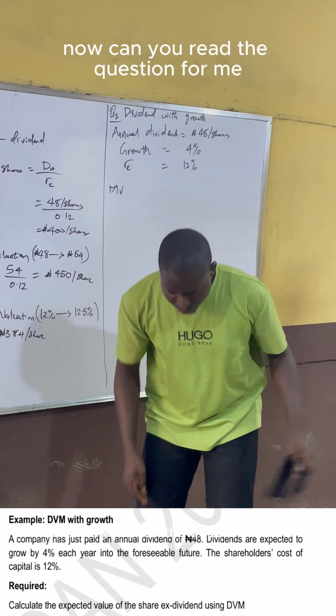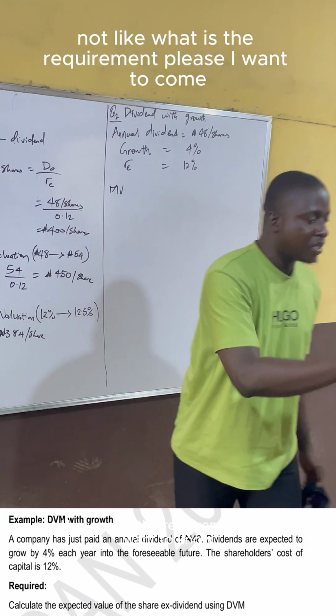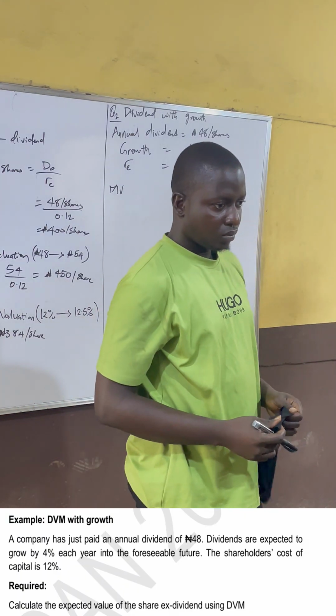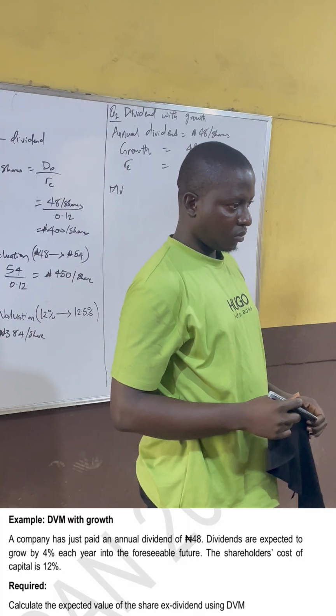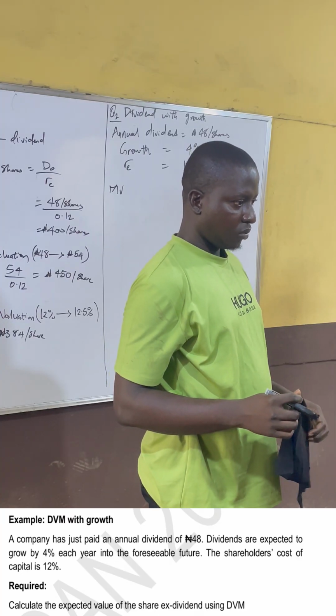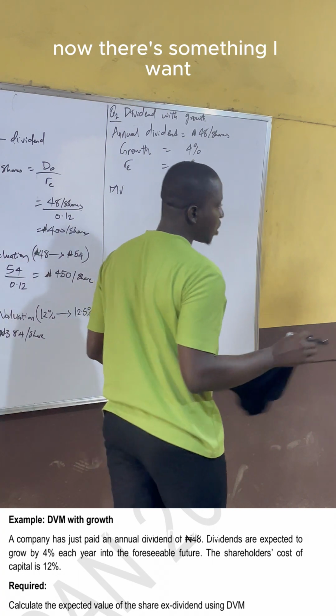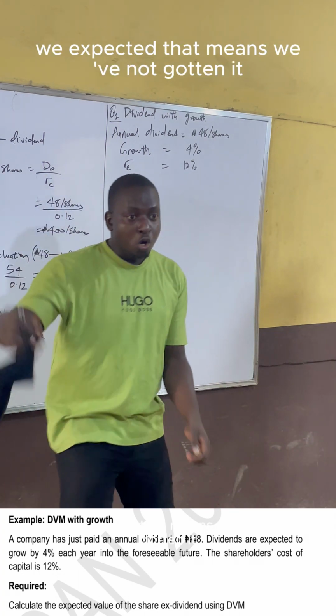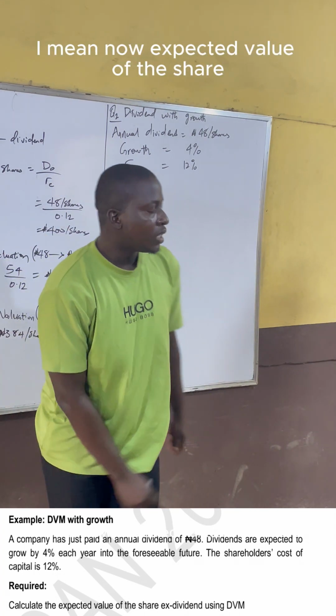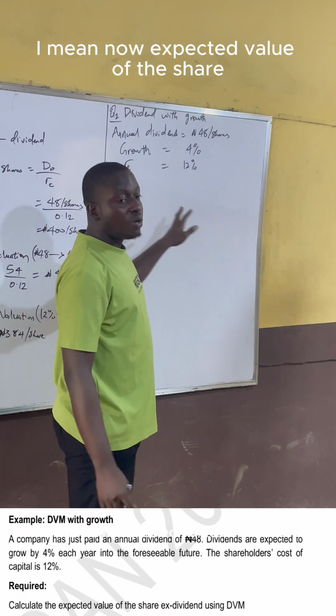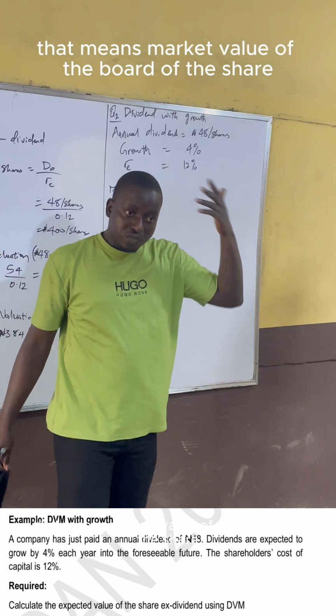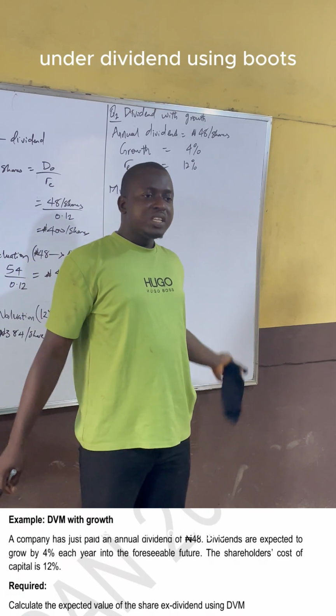Can you read the question for me? Not the requirement, please. Calculate the expected value of the share ex dividend using the dividend growth model. The expected value of the share means the market value of the share.